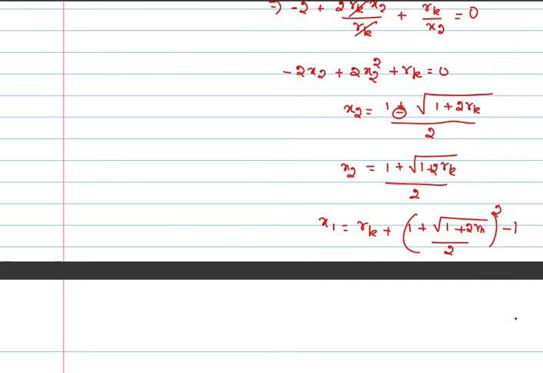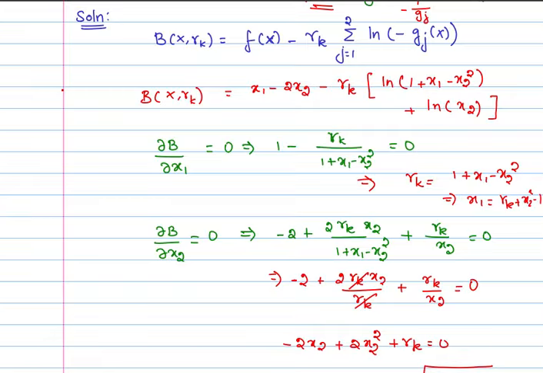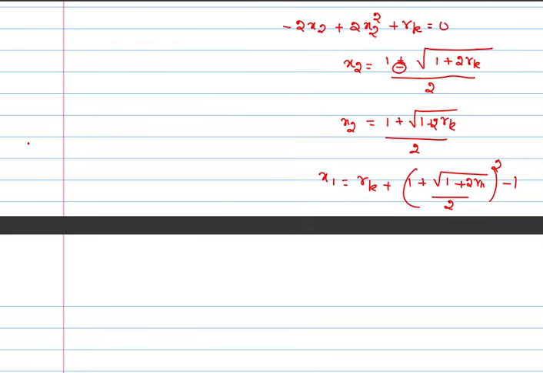Now look at this. I want to find the x1 and x2 limit as rk tends to 0. What about x1 of rk? rk is going to 0, so this becomes 0, 0 plus 1 minus 1. So x1 becomes 0.